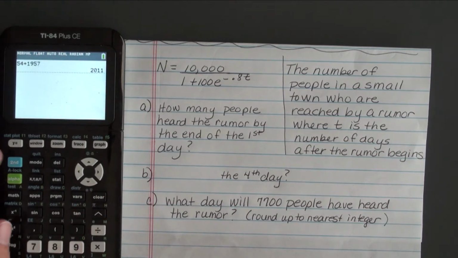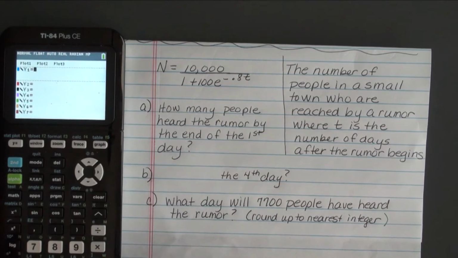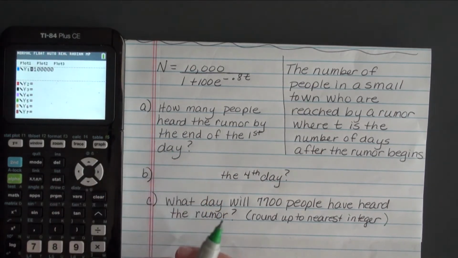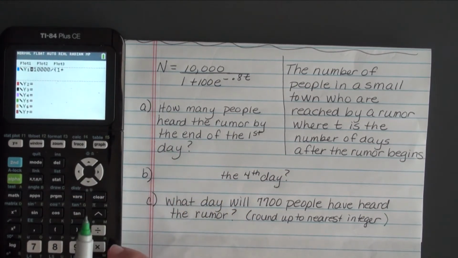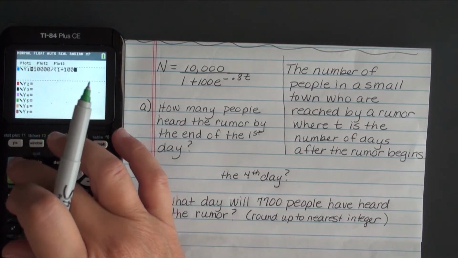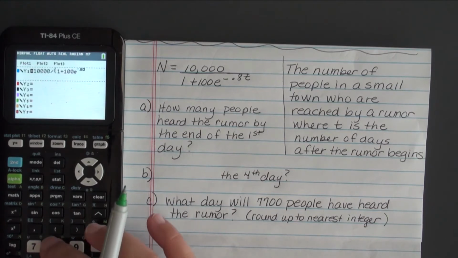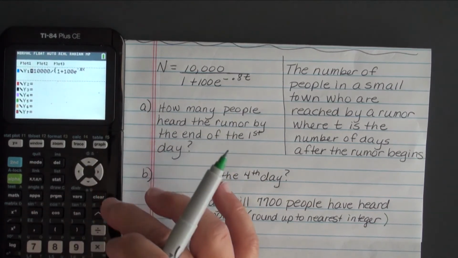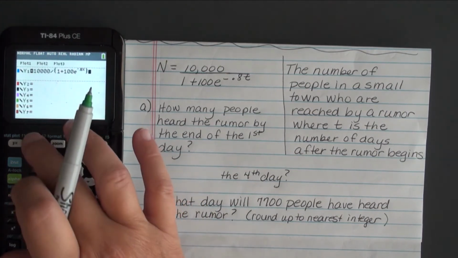Whoops, I must have typed something in wrong. Y equals 10,000 divided by 1 plus 100 second e to the minus 0.8 x power, and then I'll go to my window.